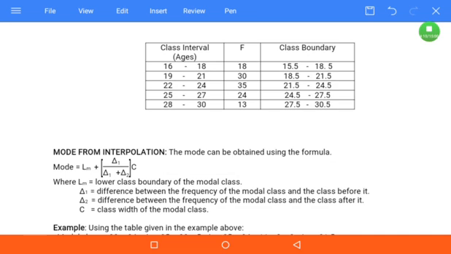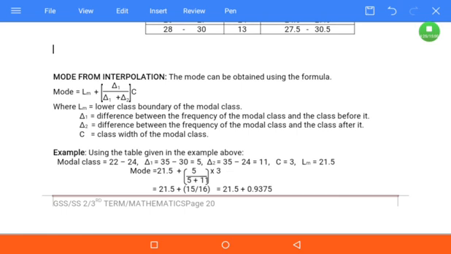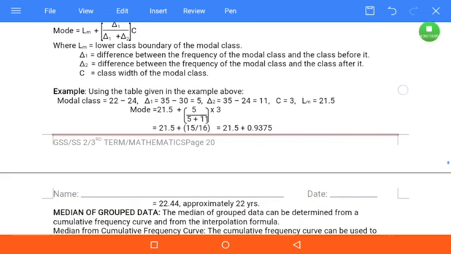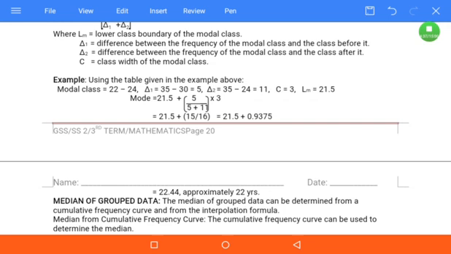No, 16 to 18. So you count from 16, 16, 17, 18. So you have 3 as the class size, or what we call class width. Do you understand? So don't say 18 minus 16. You can say 19 to 21: 19, 20, 21. That gives us 3 as class size. So you record 3.